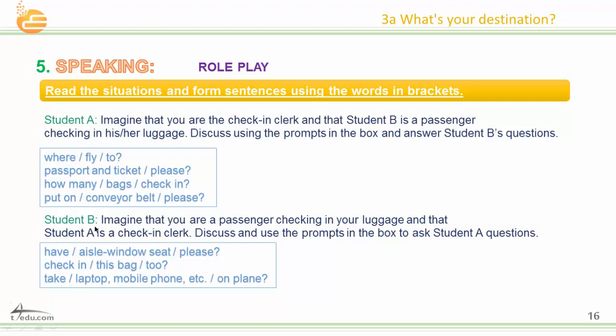Okay, student B, imagine that you are a passenger checking in your luggage and that student A is a check-in clerk. Discuss and use the prompts in the box to ask student A questions. Use these words inside the box for each student. Student A, you have to use this box, and student B, you have to use this box.